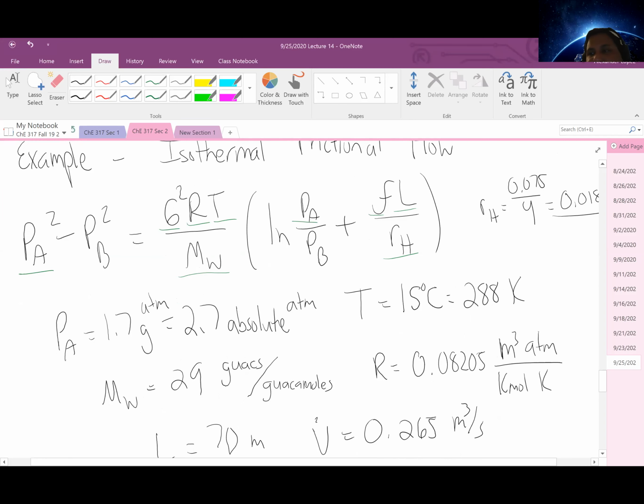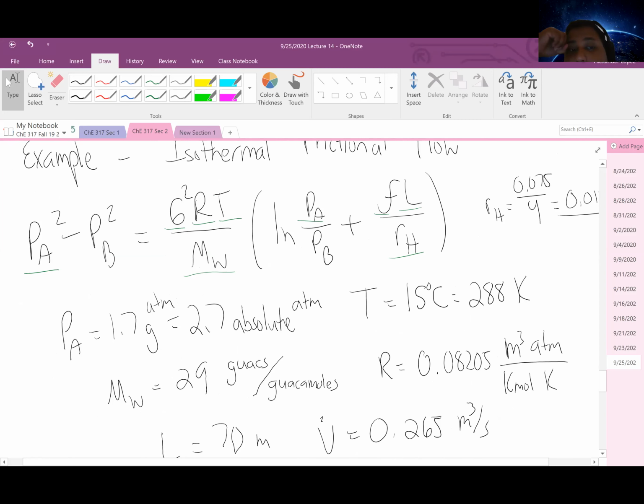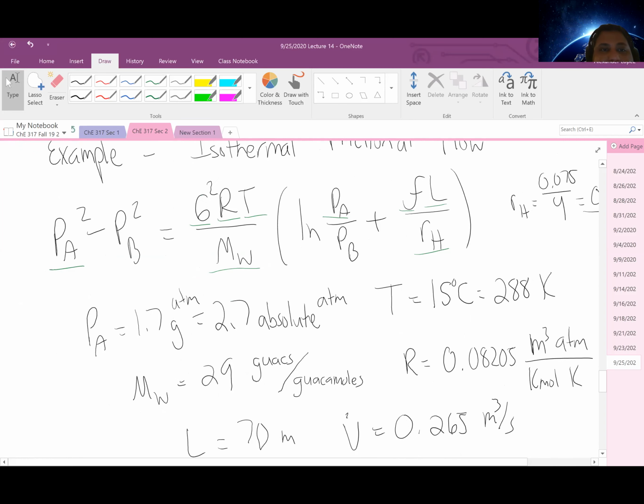So that leaves us with solving for our outlet pressure. Now, the issue that we have in this is the outlet pressure is both on the left-hand side and on the right-hand side, which means there's no easy analytical solution for this expression.